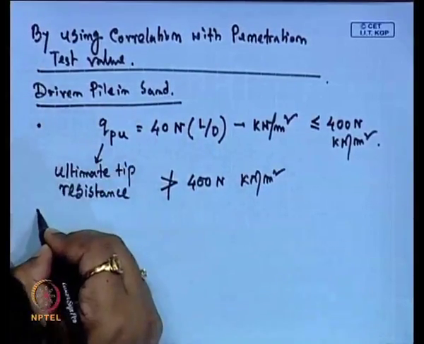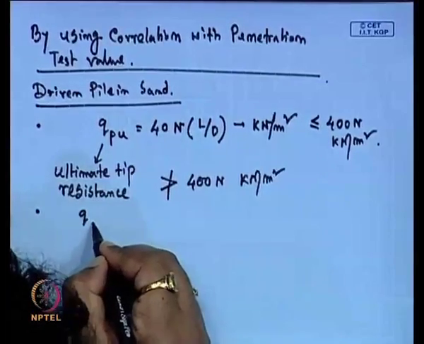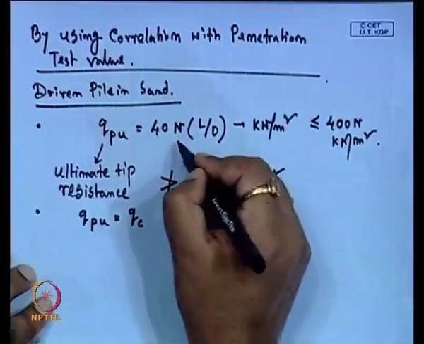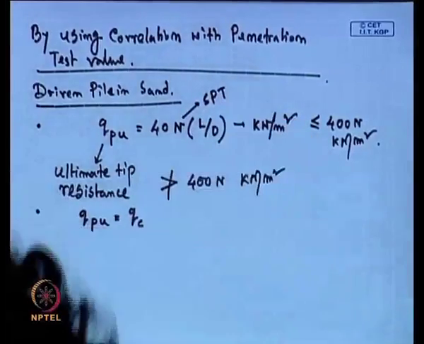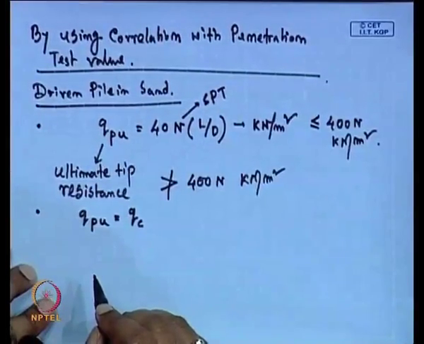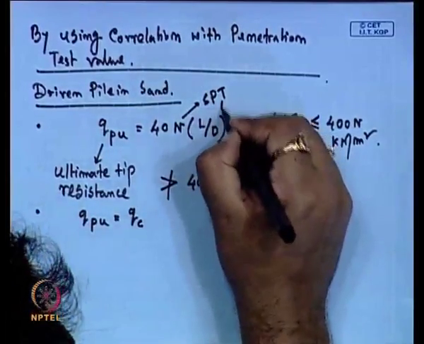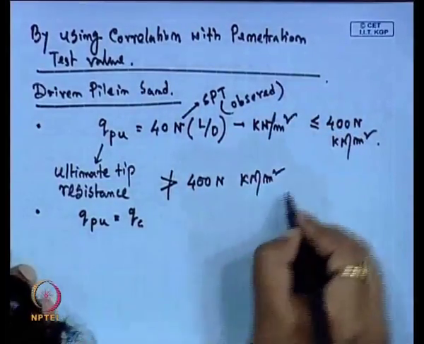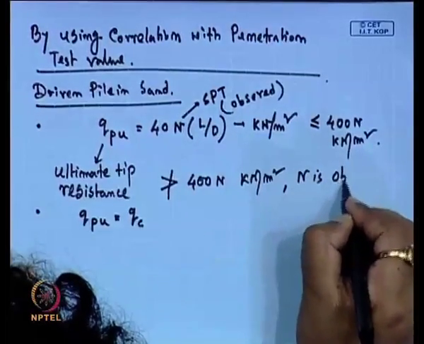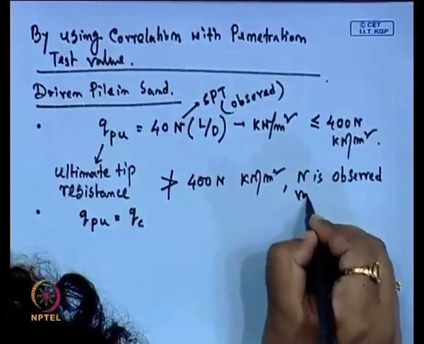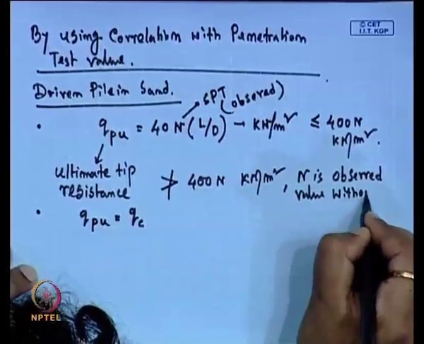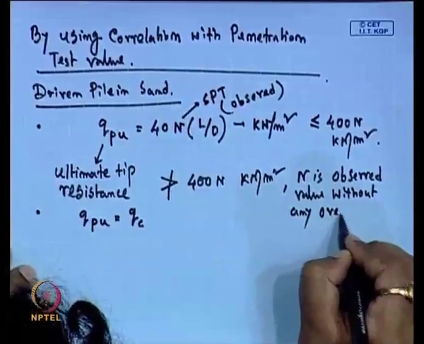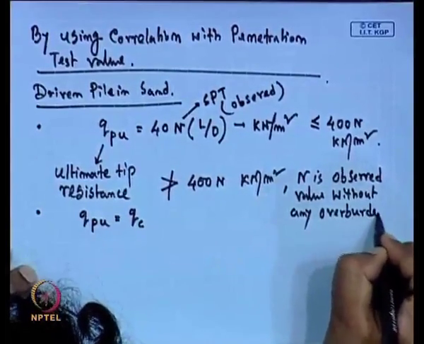Similarly, for the driven pile we can find the Q P U, that is Q C. This is based on the SPT value, where N is the observed value without any overburden correction.